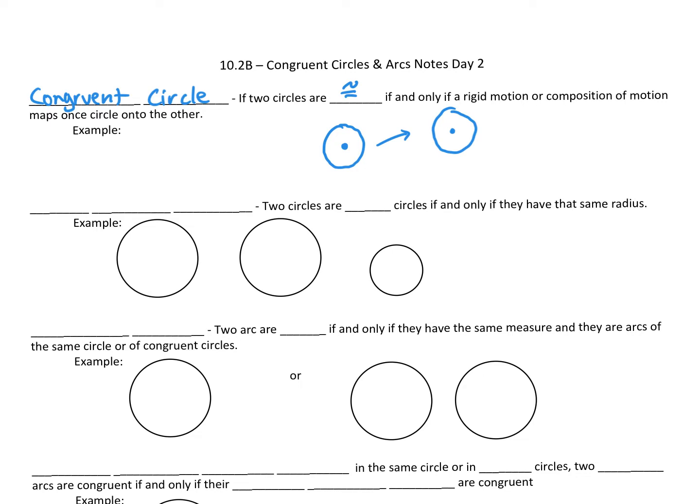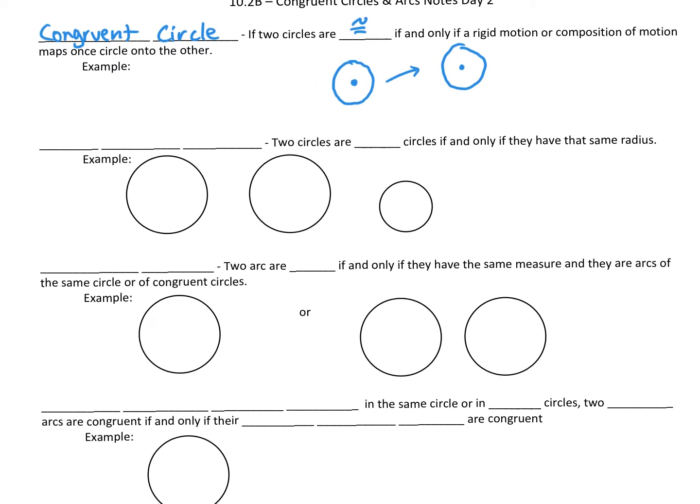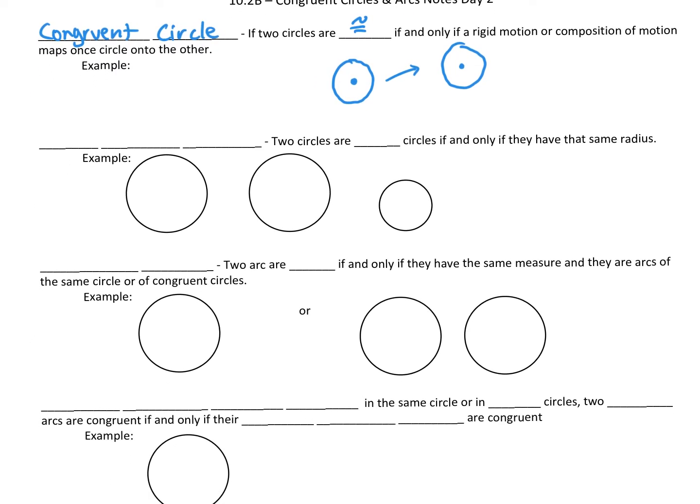Mind my drawing. Next, two circles, we consider them congruent circles. How can we tell if they are congruent circles? With our congruent circles theorem: two circles are congruent if they have the same radius, and that is all.